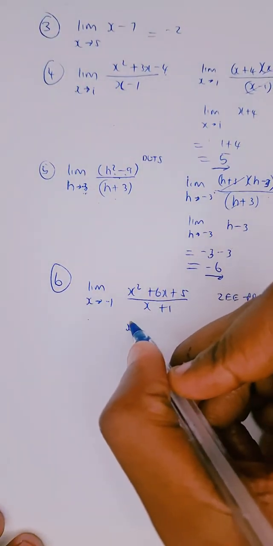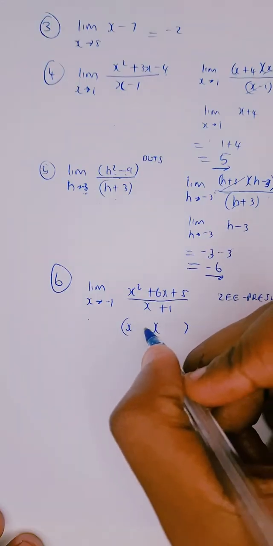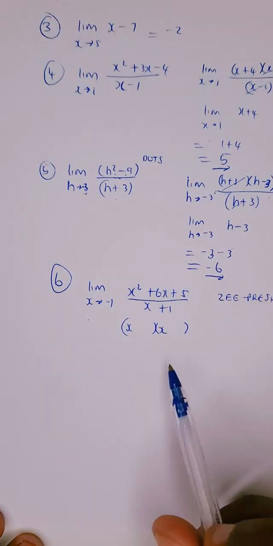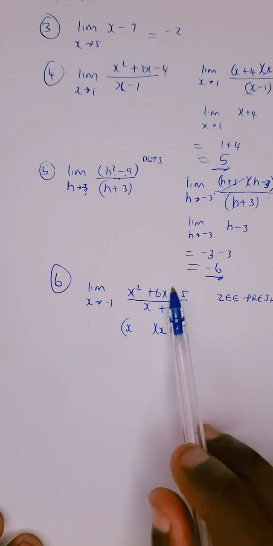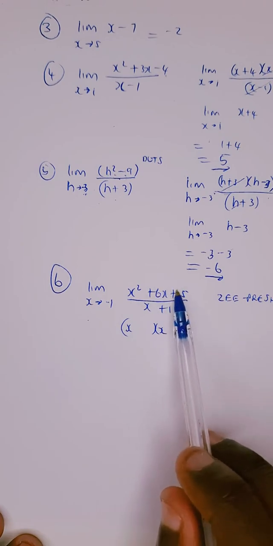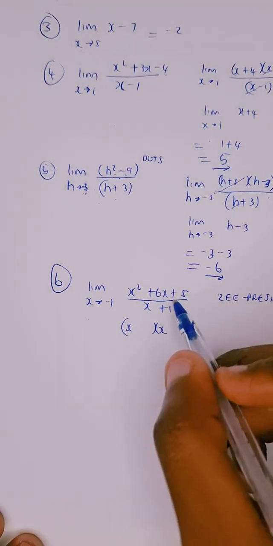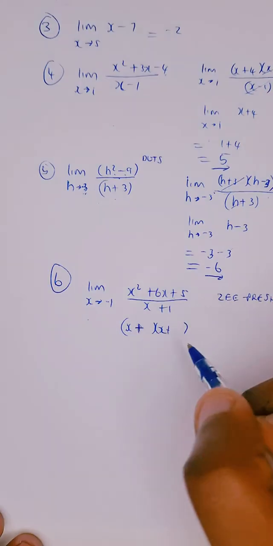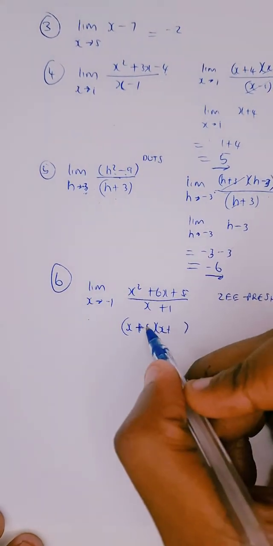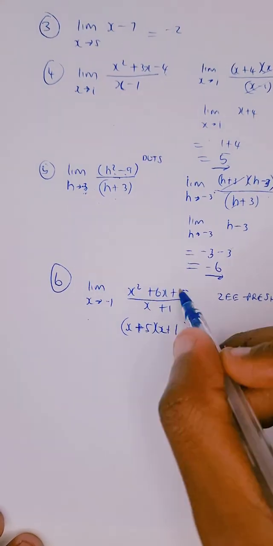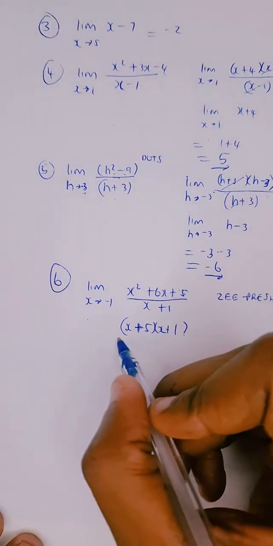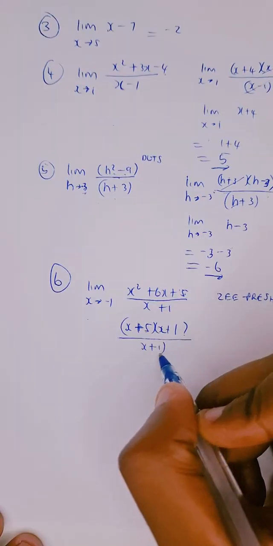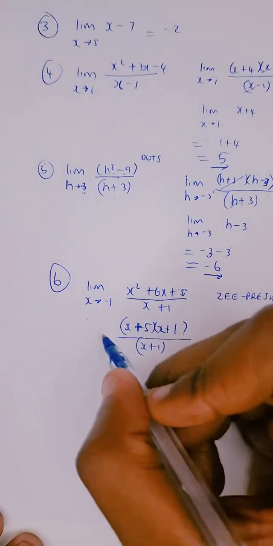So yes, guys, we factorize. We know that the factors are going to have the same signs as the middle term. So plus plus. Factors of 5, we have 5 and 1, because 5 times 1 is 5, and 5 plus 1 is 6. Boom, cancel.